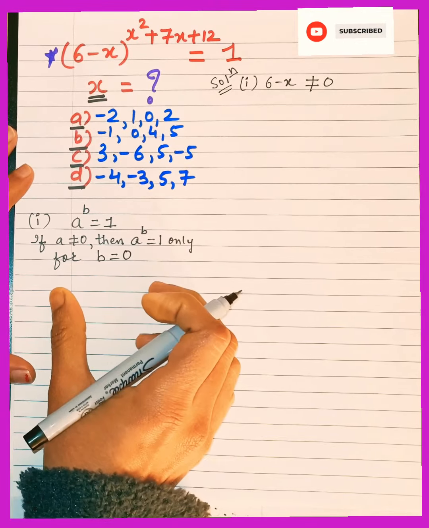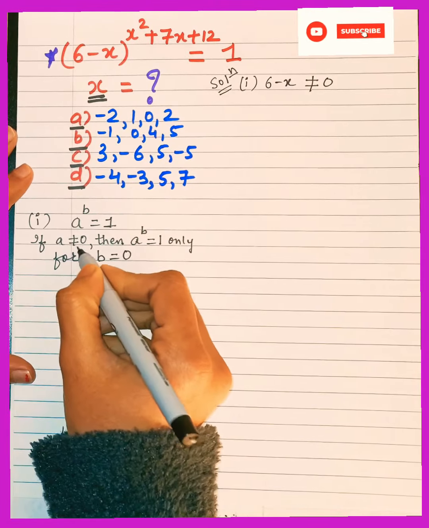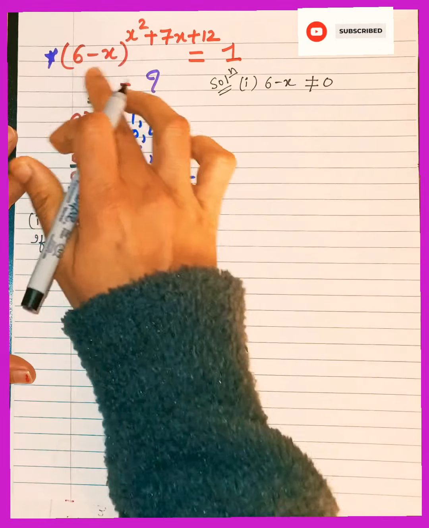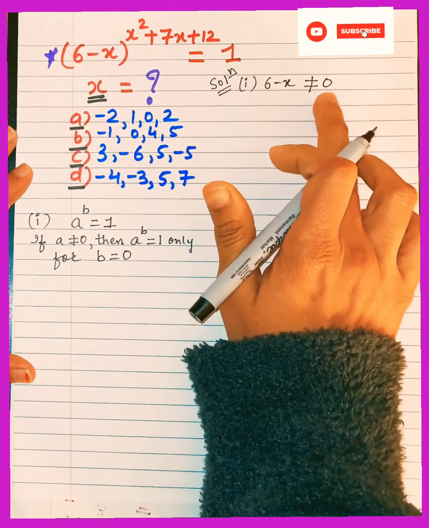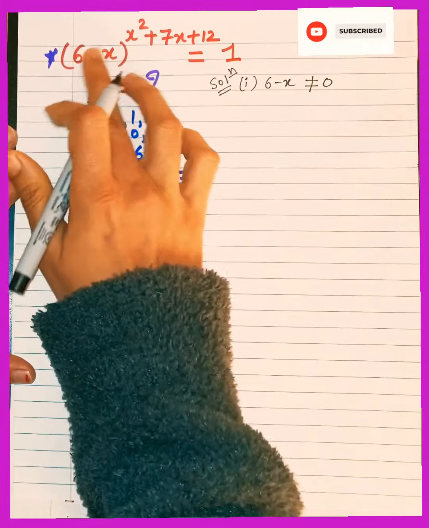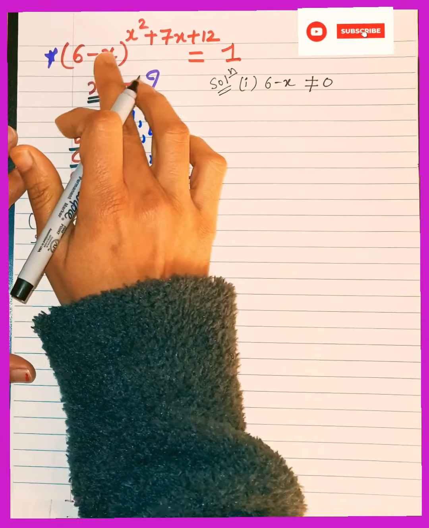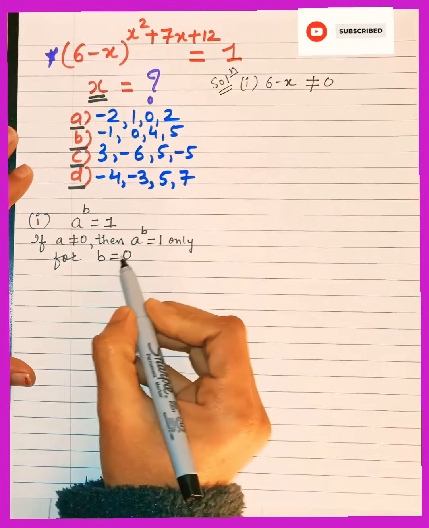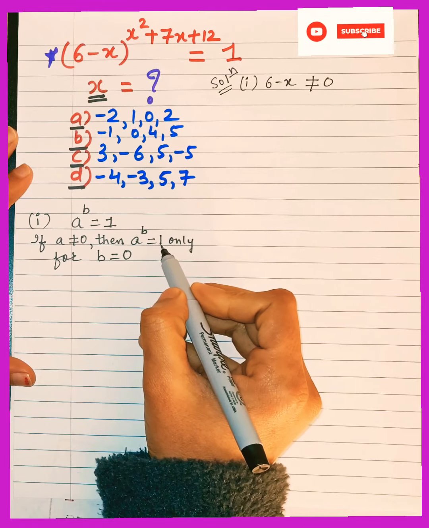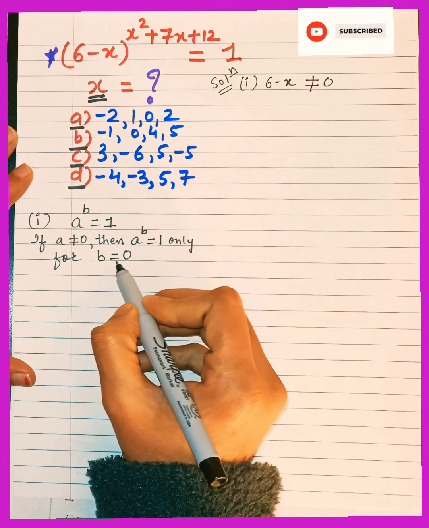So this is our first situation. If 6 minus x is not equal to 0, then we get A raised to B equal to 1 only if B is equal to 0.